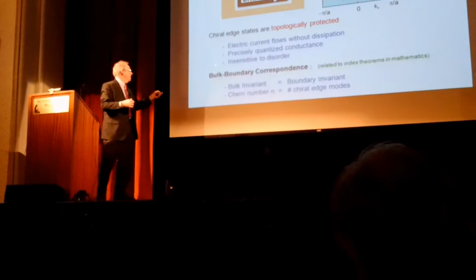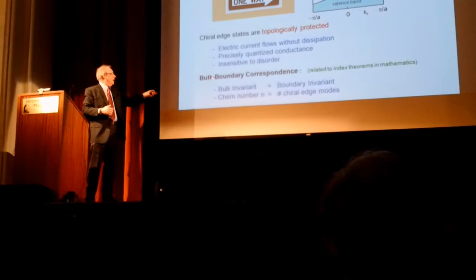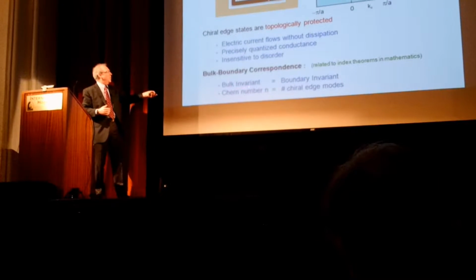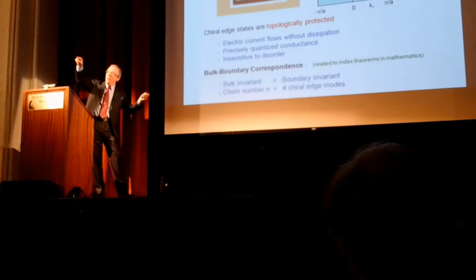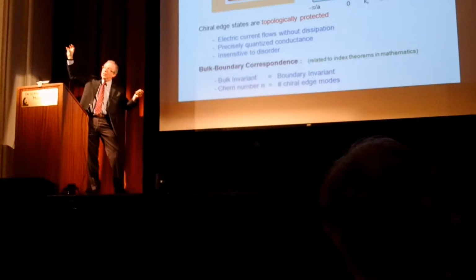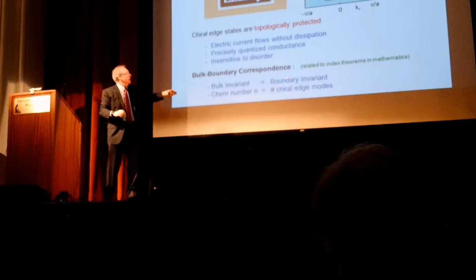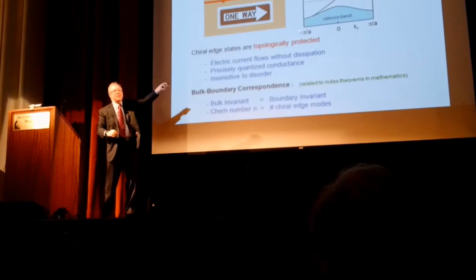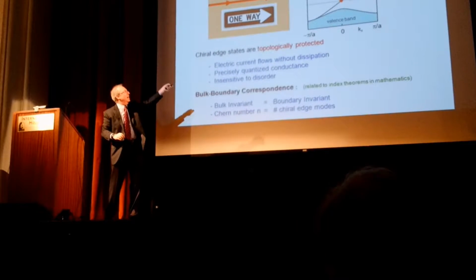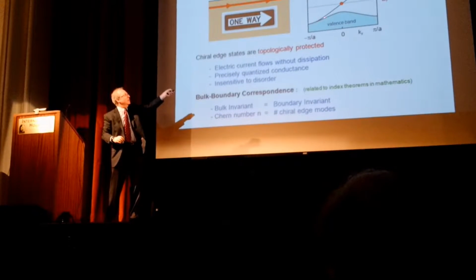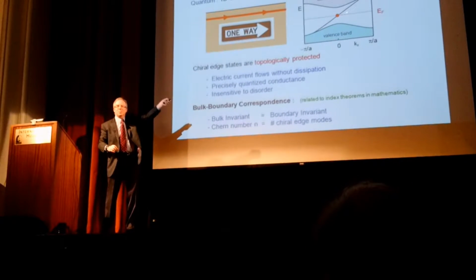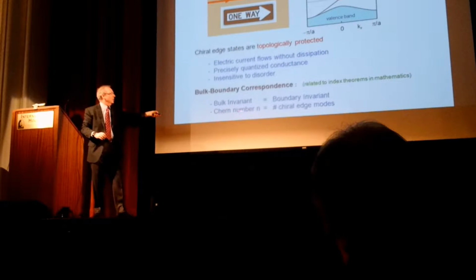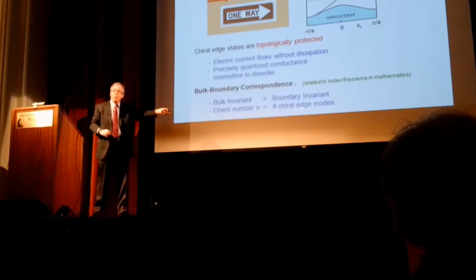I like to think of this principle as the bulk boundary correspondence, which is really the equivalence between some topological property of the bulk, which is this thing I call the Chern number, like a winding number that characterizes the bulk electronic structure, and a boundary invariant, which is the number of these chiral Dirac fermions. You can't get rid of these either. You can imagine pulling them up and down as much as you want, but you can't get rid of them. So the bulk boundary correspondence tells you that this bulk invariant, the Chern number, is equal to the number of chiral edge points.